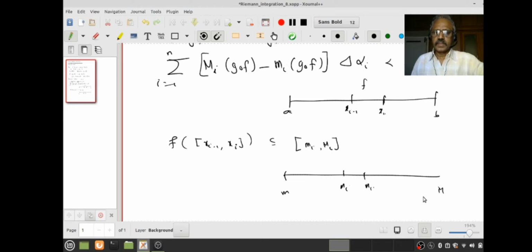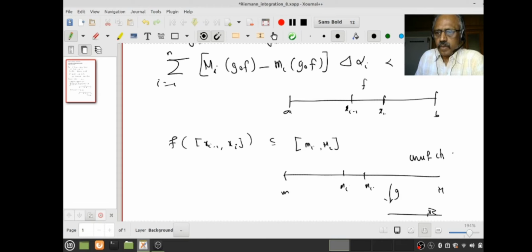Now what do I want? My function is now g to R. Notice that by now you know that I would like to use uniform continuity of g on the interval [m, M]. So what do I want?